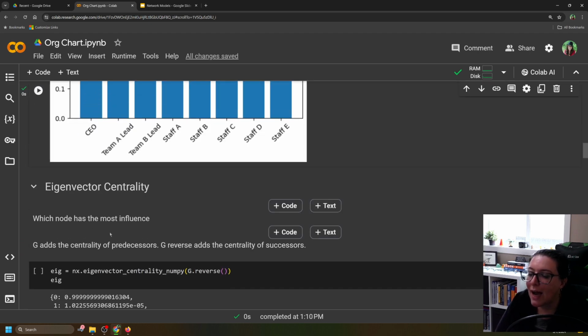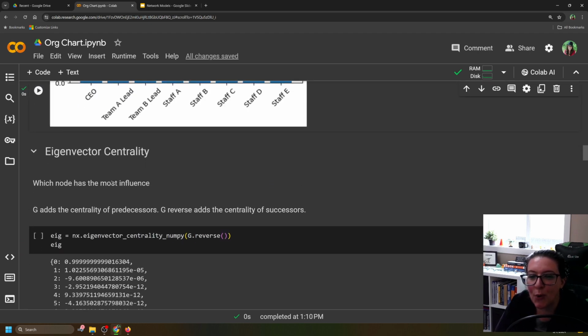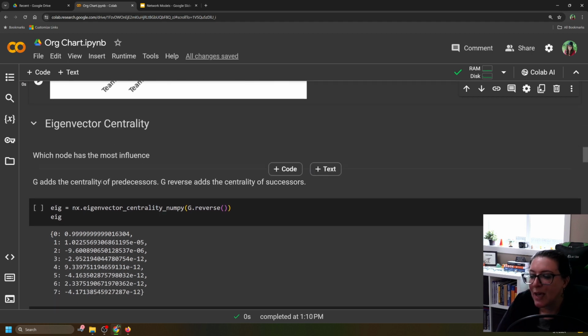All right, eigenvector centrality. Which node has the most influence? Now, when we look at eigenvector centrality, we use eigenvector_centrality_numpy. When we did this with the Game of Thrones example, we just put comma G and did it that way. In this case, we have directionality to the communication based on the directions of the arrows.